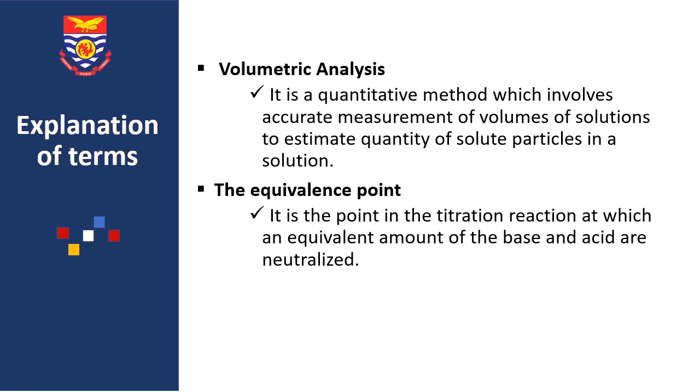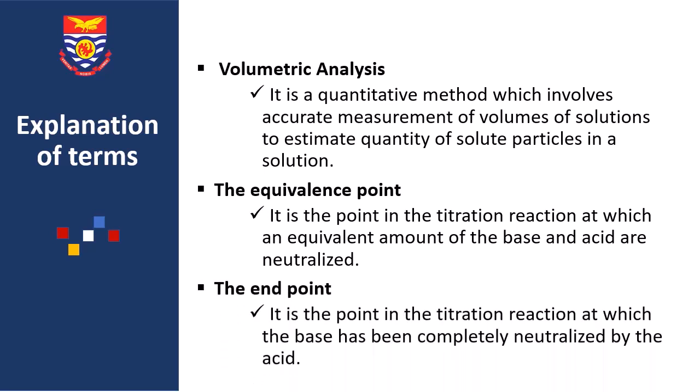In titration, there are terms that you would mention. One is equivalence point, which is a point in the titration reaction at which an equivalent amount of the base and acid are neutralized. Another is the end point, which usually in the lab we say when there's a color change, then an end point has been reached.